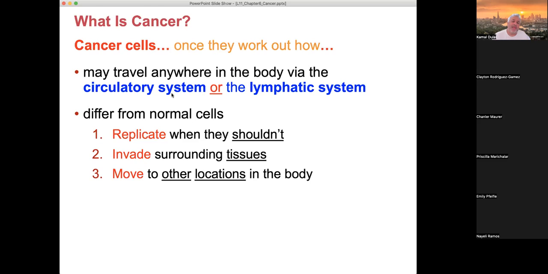So traveling around, how do they get around? Well, sometimes they can burrow through the tissue. They can move other cells out of the way because they have that ability. That's one of the defects that they get, right? They get an ability to change their behavior, and they can burrow their way through a population of cells. The second thing they can do is they can enter the bloodstream, and the bloodstream is a fast-moving fluid, right?